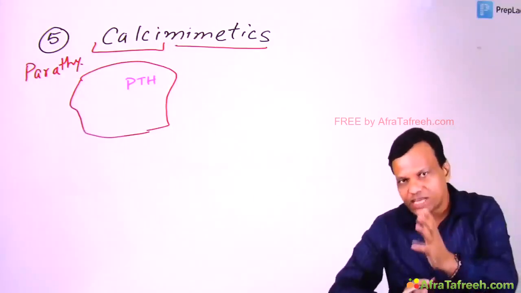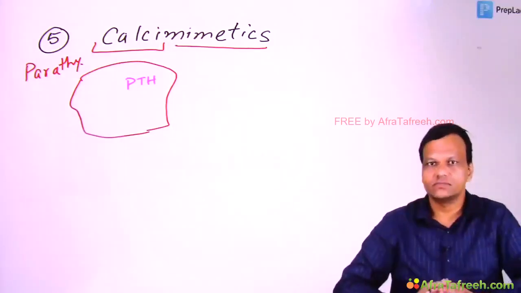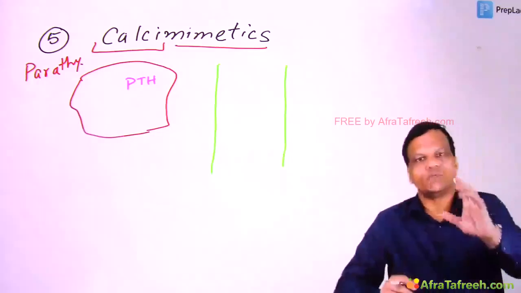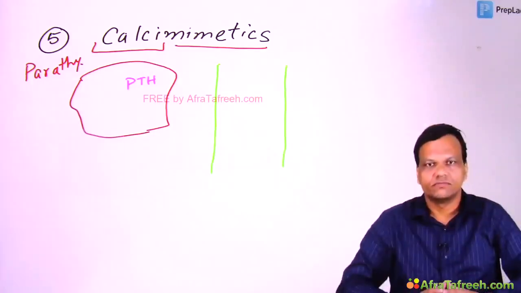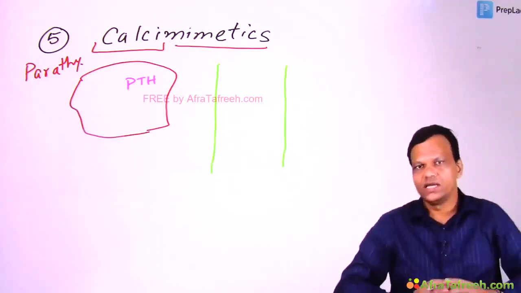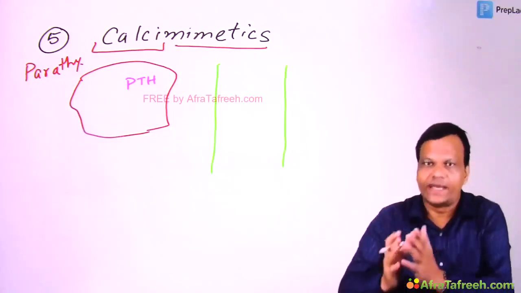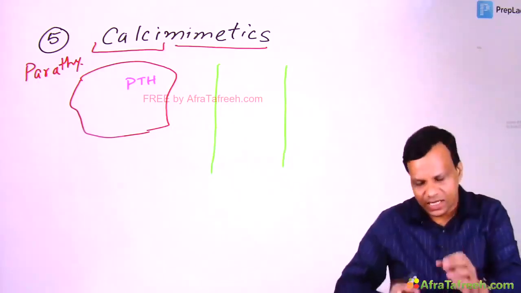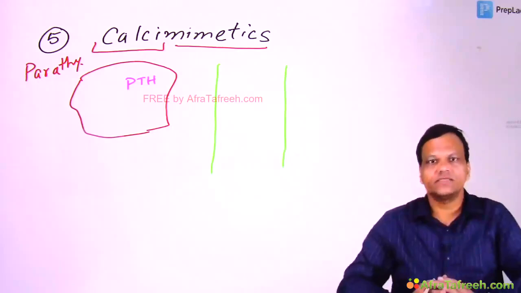So, whenever serum calcium is low, PTH should be released. Whenever hypocalcemia occurs, PTH is released. Or in other words, if calcium is normal or high, PTH is not released. Calcium is inhibiting the release of PTH.